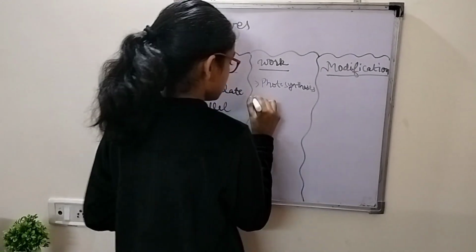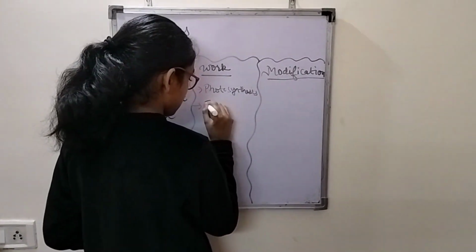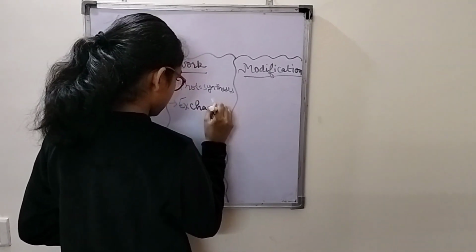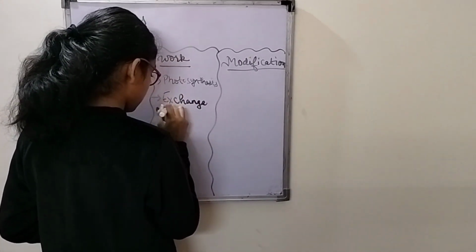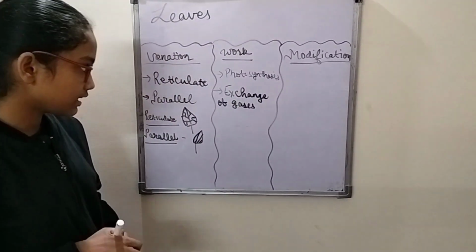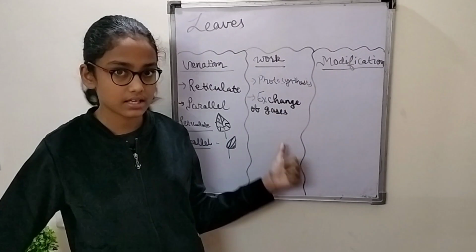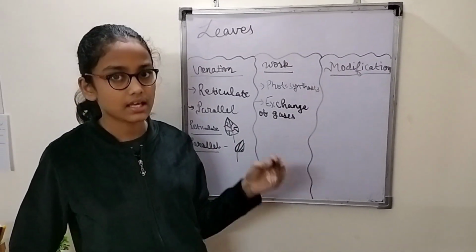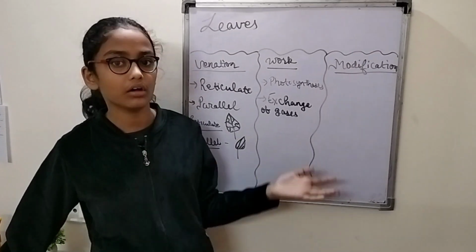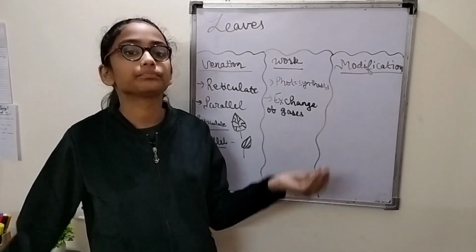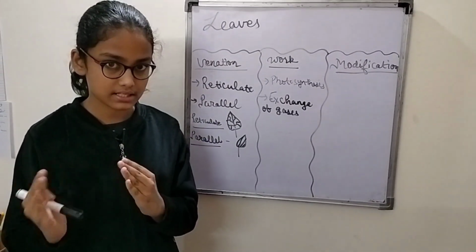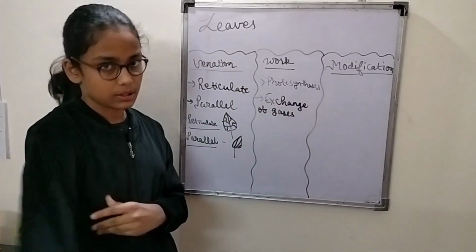So now second is exchange of gases. As you all know, I hope you all know about that, plants take carbon dioxide in the process of photosynthesis and release oxygen.